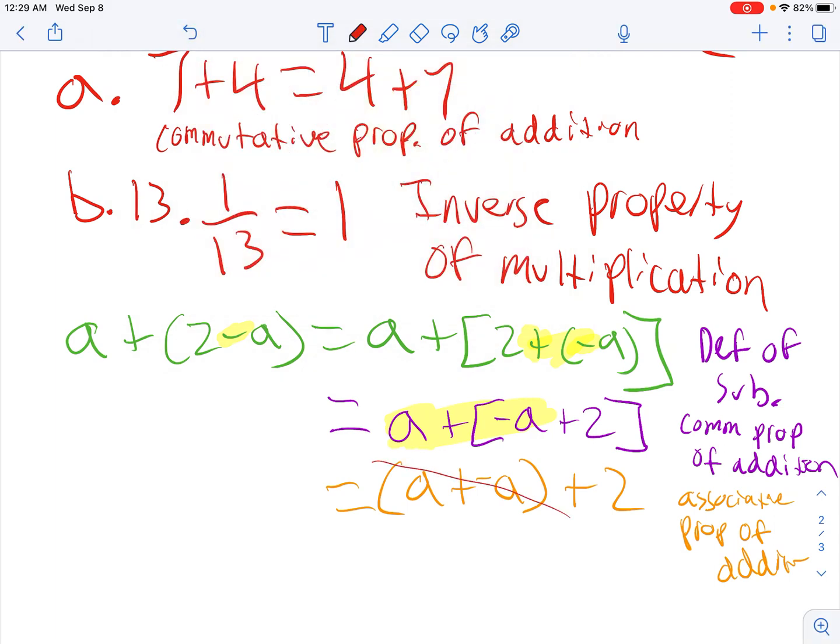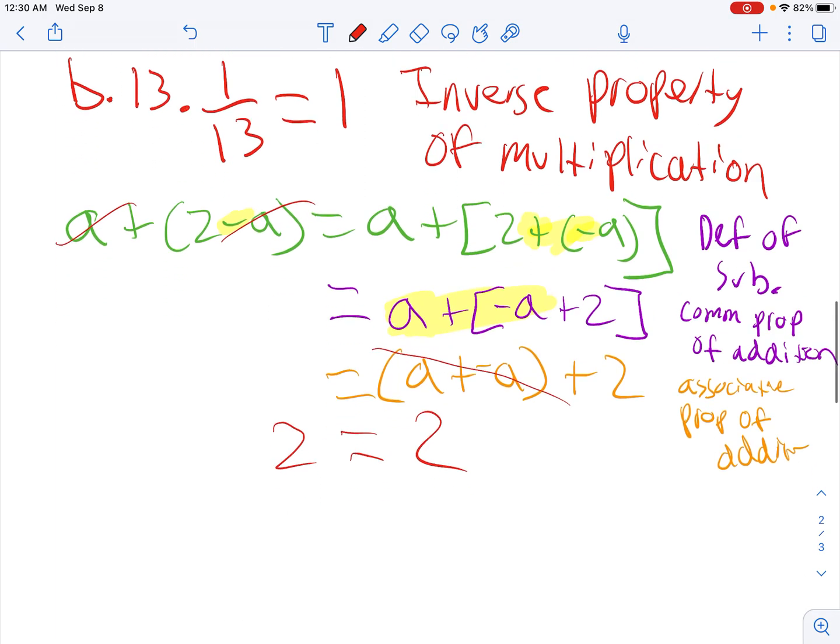All right, I'm going to see that these guys cancel out, which is just going to leave me with 2, which again is what we were trying to prove, that, hey, when we get A over here minus A, we're left with 2 right here. So again, just using these properties to prove things that some of us probably already knew. It's just putting math language into these problems.